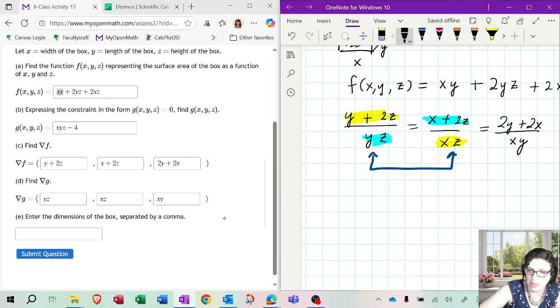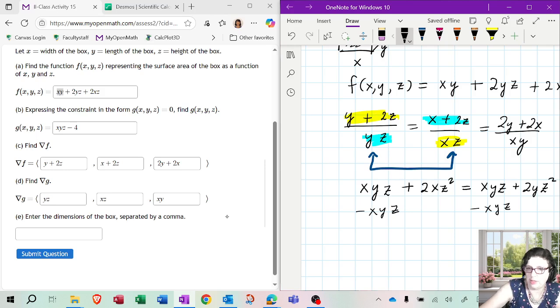So distributing xz, I get xyz plus 2xz squared equals xyz plus 2yz squared. So now if I subtract xyz from both sides, you can see that this is going to cancel out. And then I will just say, okay, 2xz squared equals 2yz squared.